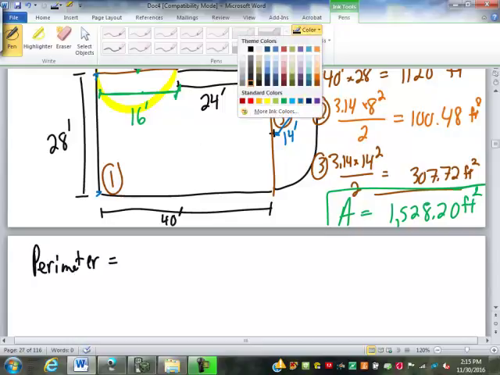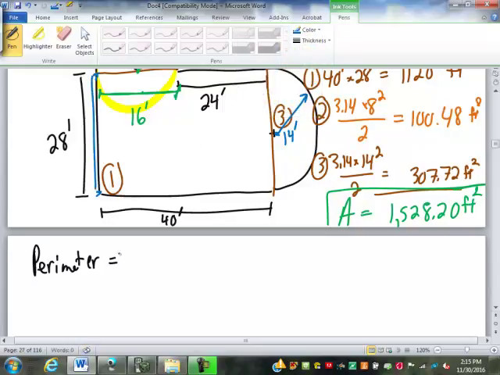Well, for the perimeter, we have 28 feet here, plus 40 feet here, plus I need to know this piece here. That's going to be a circumference. That's going to be pi, or 3.14 times, what do I use, diameter or radius for circumference?